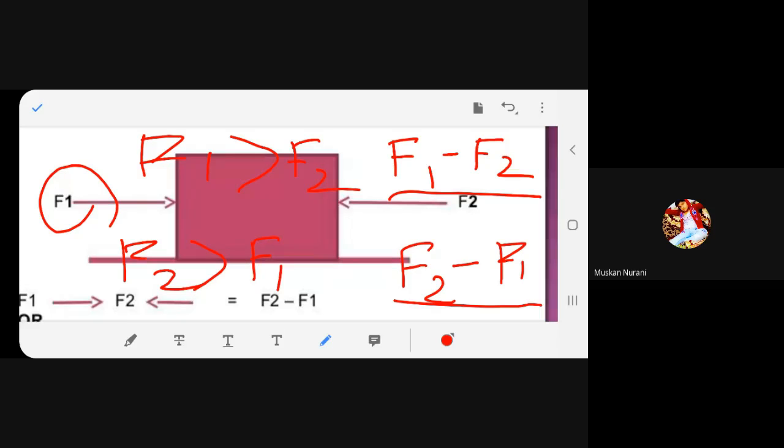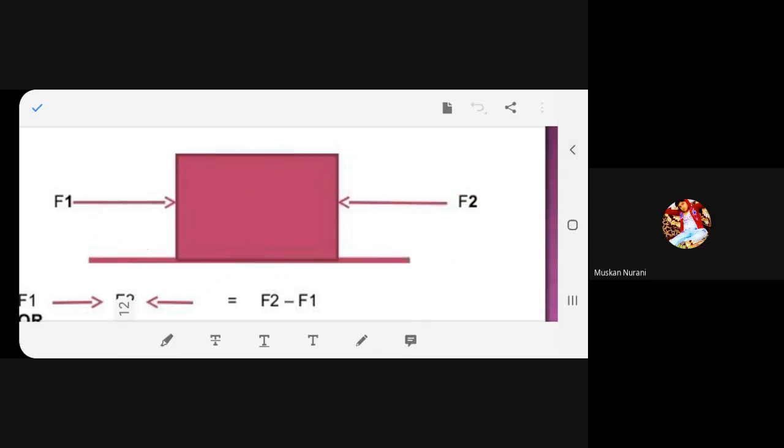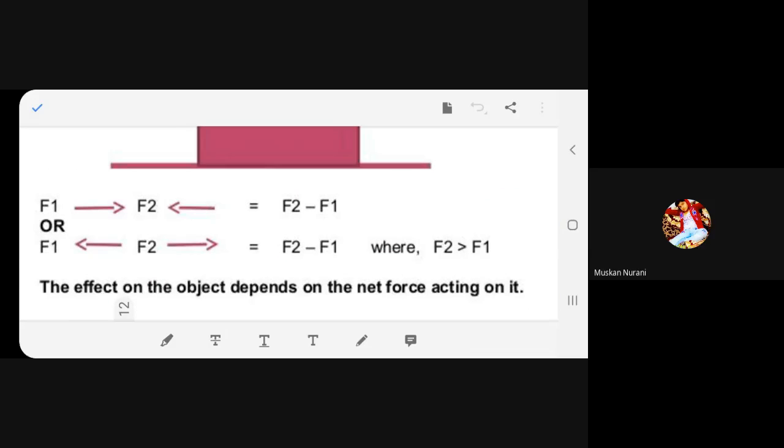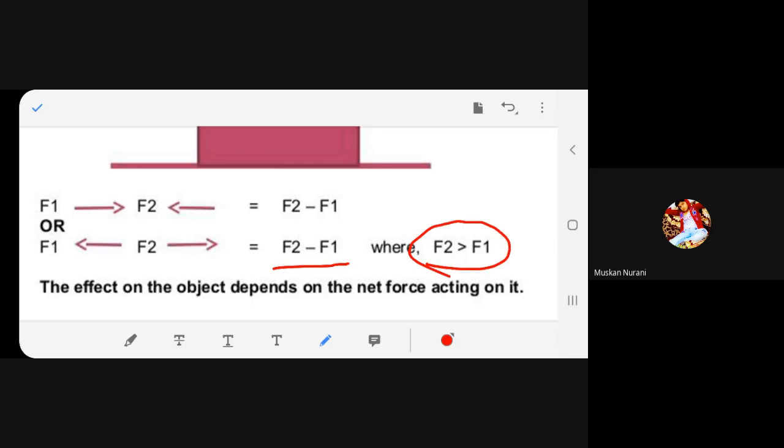You understood? What is the resultant force? Depending upon which one is more, it could be either F1 minus F2 or F2 minus F1, depending upon which one is greater than the other. Any problem? All of you understood nicely? It is F2 minus F1 when F2 is more than F1.